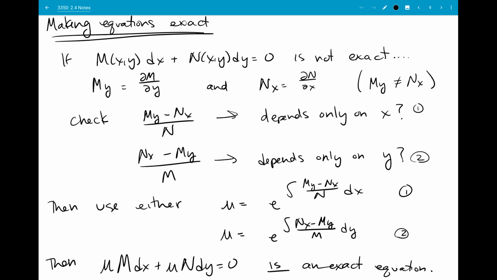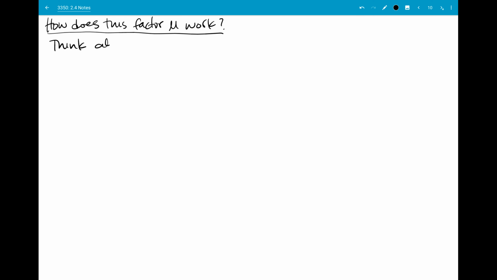Next up, we're going to talk about how this factor that makes equations exact actually works. So let's think about mu equal to whatever we end up using.